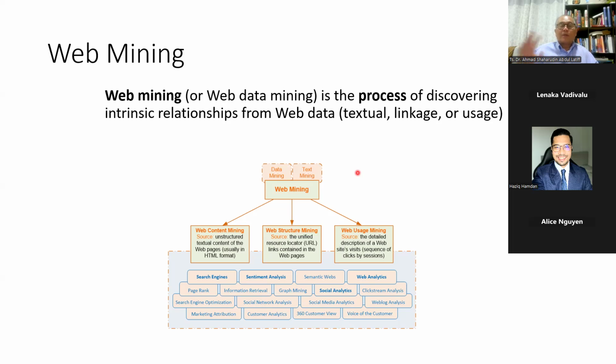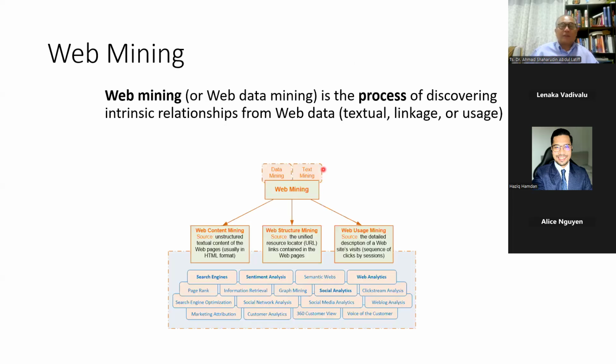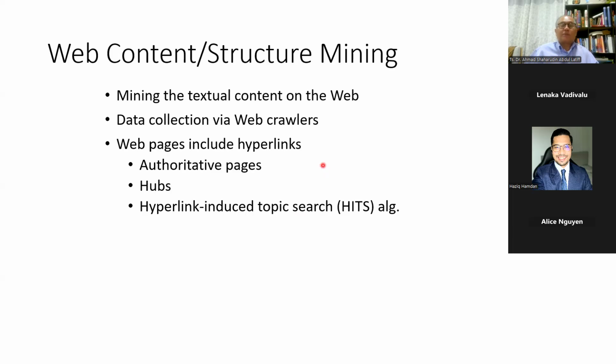Okay, this is all about web mining. So first we have covered the web content mining, which is much more related to text mining. Now we look into web structure mining. Web structure mining is more into the hyperlinks, the data collected via the web crawlers.